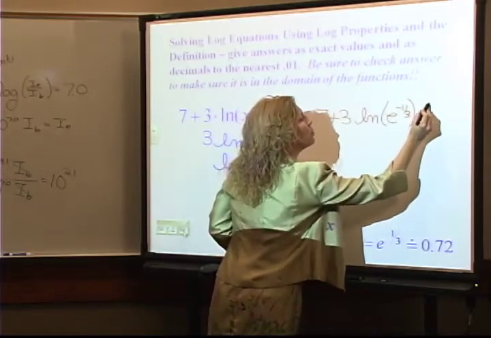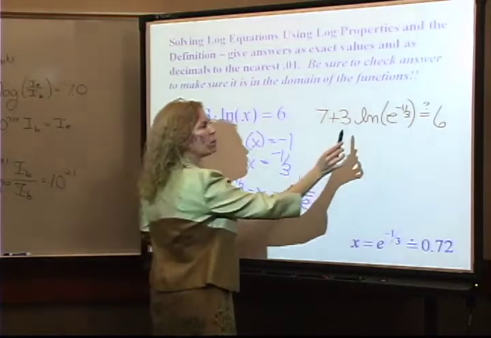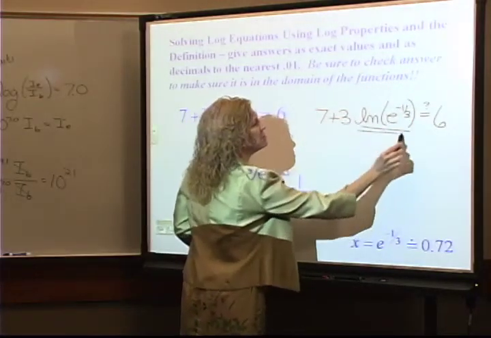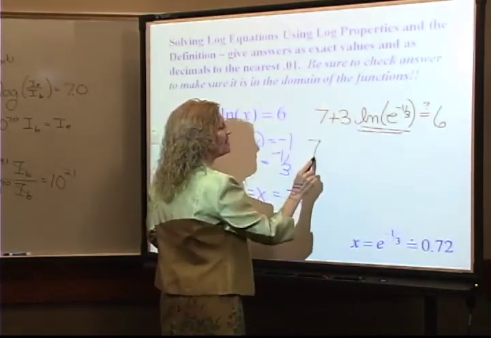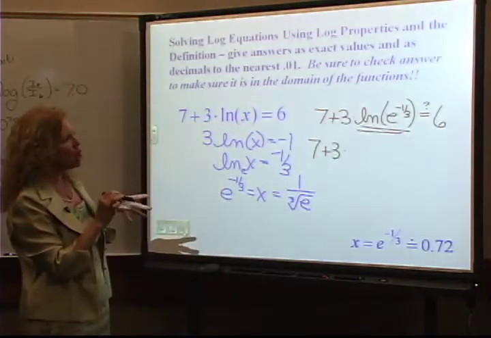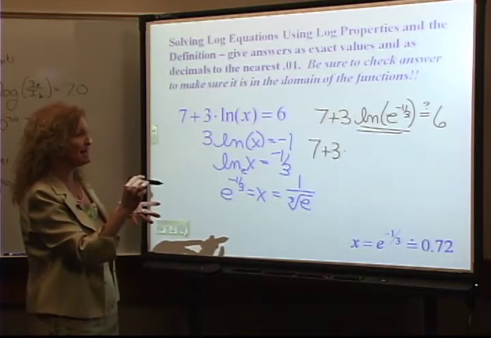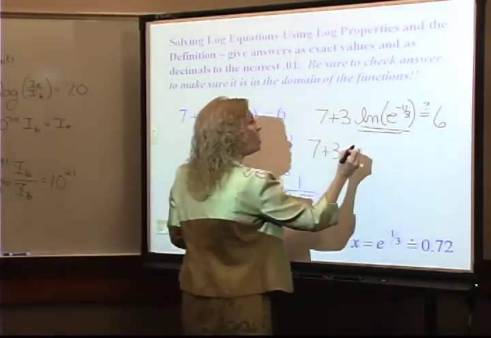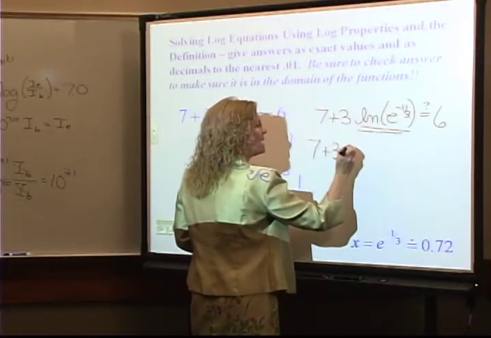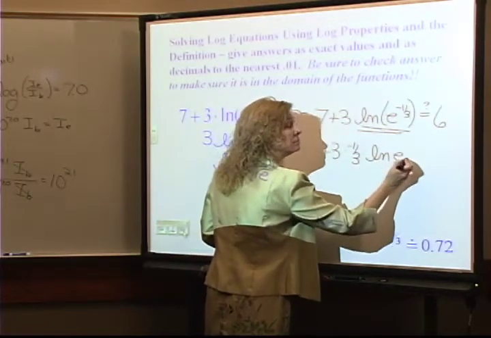Does that equal 6? Well, we want to look right here first. I have 7 plus 3 times natural log of e to the negative 1/3. Ooh, that's one of those scary things. Well, you might say, I could bring that 1/3 down: the negative 1/3 times natural log of e.